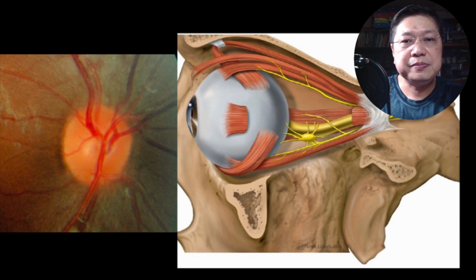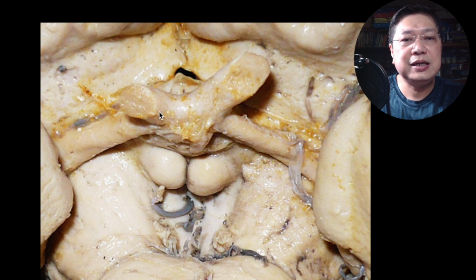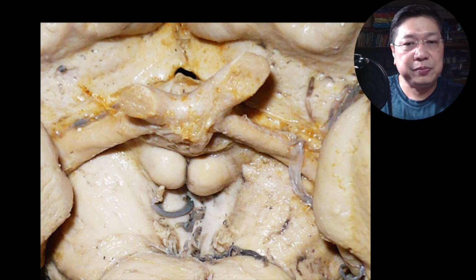The last part is the chiasm. The chiasm is basically this part. It's where your optic nerve meets the other optic nerve and exchanges its nasal component and branches out to go to the upper parts of the brain.